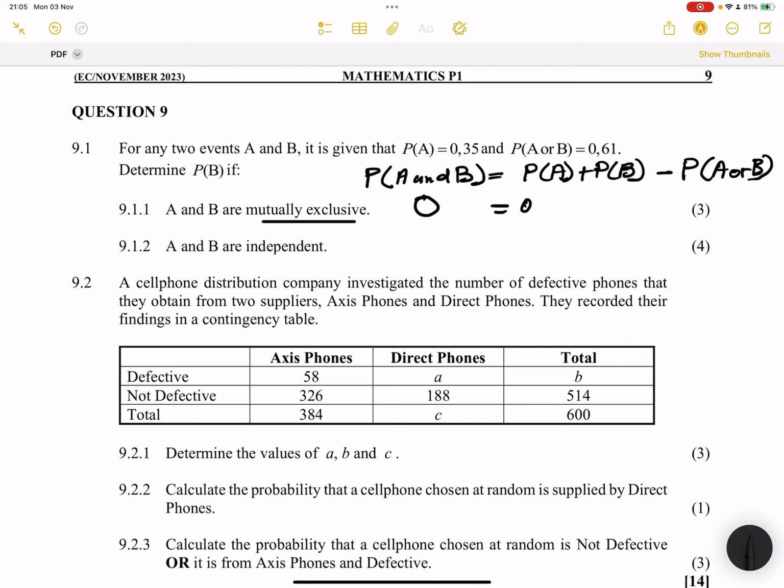Probability of A, they told us, is 0.35. We are looking for the probability of B, minus the probability of A or B, which is 0.61.